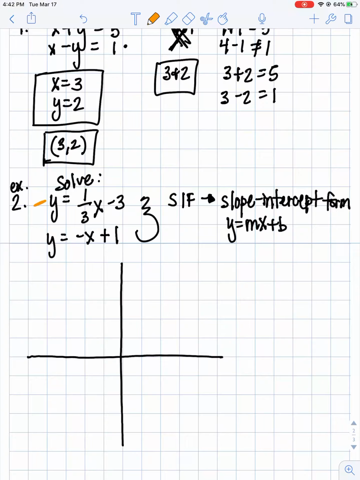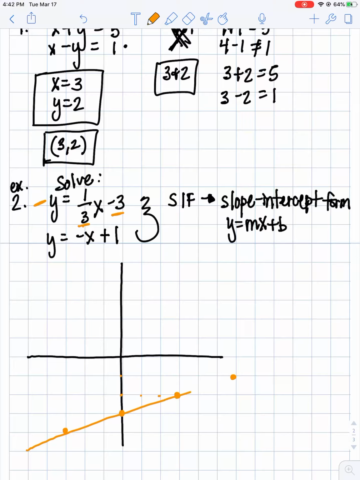Okay, so line 1 will be in orange. Line 1 has a y-intercept of negative 3. So I go down 1, 2, 3, put my y-intercept. And a slope of positive 1/3, which means I go up 1 and over 3. I go up 1 and I go over 3. And I could continue going if I'd like. I could also go down 1 and over 3.